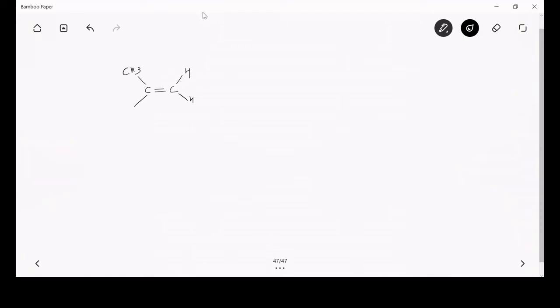This is an alkene. This is another alkene. This is another.